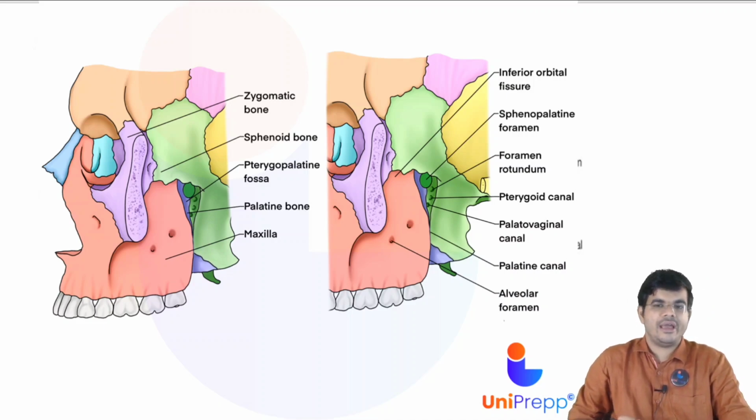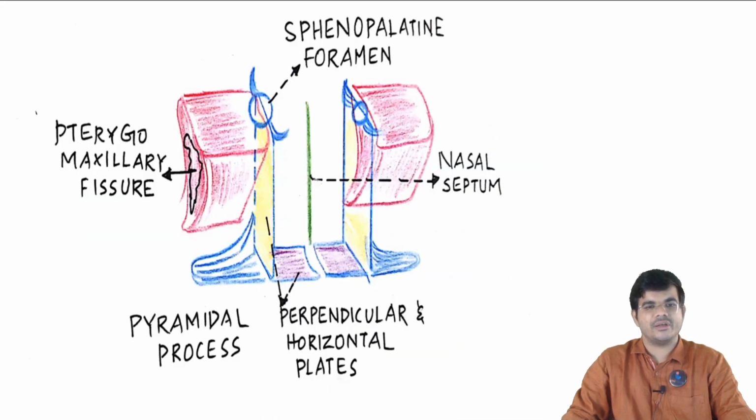Okay, and through the infratemporal fossa the internal maxillary artery enters into the pterygopalatine fossa through the fissure called pterygomaxillary fissure. Okay, pterygomaxillary fissure.